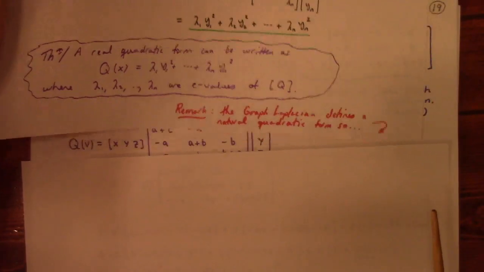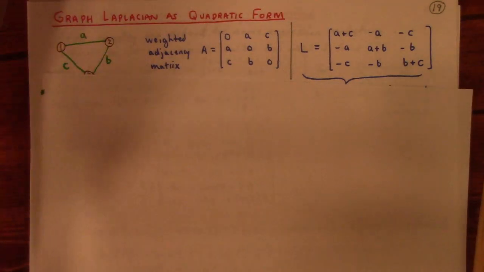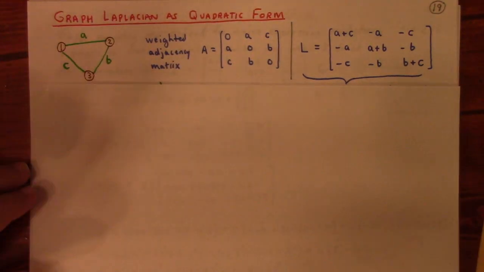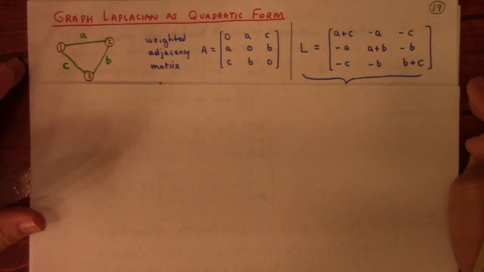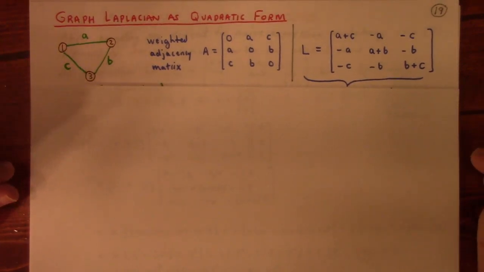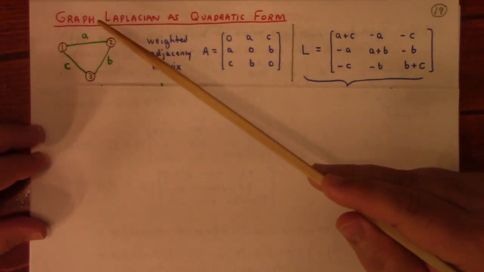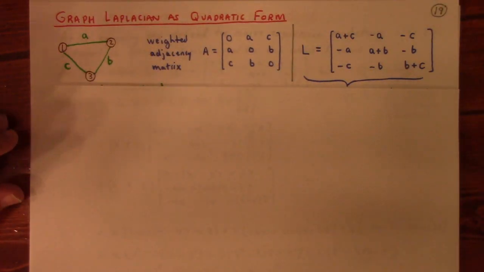So let's look at an example. I thought I'd start out with something relatively simple, the weighted ring graph. Now I think we may have looked at this with weights 1 in the last lecture, or the lecture before last, I can't remember.